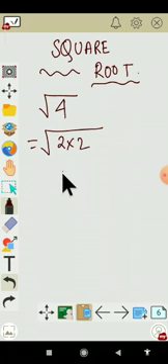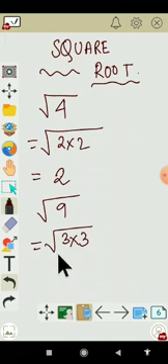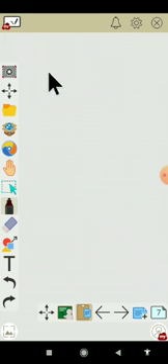If any number is written 2 times, you have to write it 1 time only, and the bracket will be removed. Similarly, for the square root of 9, you have to write 9 in prime factorization, then for two numbers one number will be there and the square root will be removed.